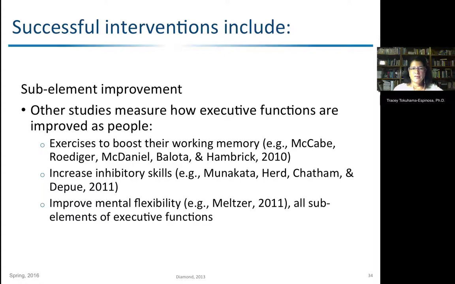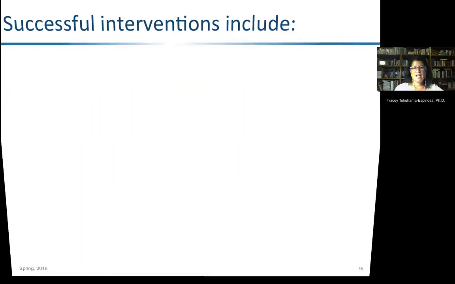There's lots of evidence out there that exercise boosts working memory, that you can increase inhibitory skills with training, or you can improve mental flexibility. All of these sub-elements of executive functions have very thorough documentation, but for executive functions as a whole, it is very hard to show that a single intervention improves all of these different aspects.